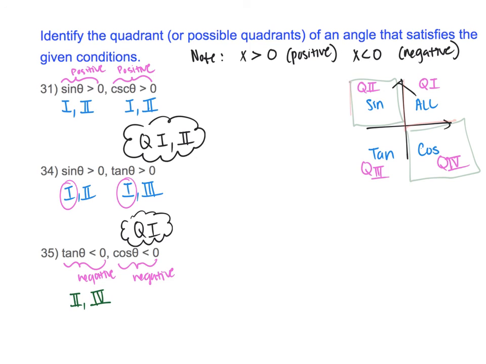Cosine's negative in the third quadrant and the second quadrant, so these two quadrants here. In that case, the overlap happens in the second quadrant, right? In the second quadrant, both tangent and cosine are negative. And that's true here: the x value is negative, and so that causes tangent and cosine to be negative. So it would be this quadrant here. That would be it.